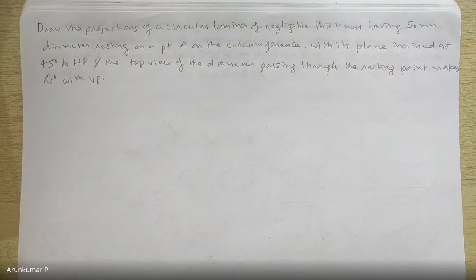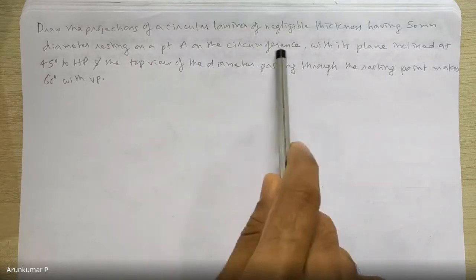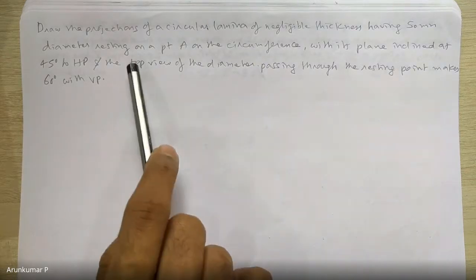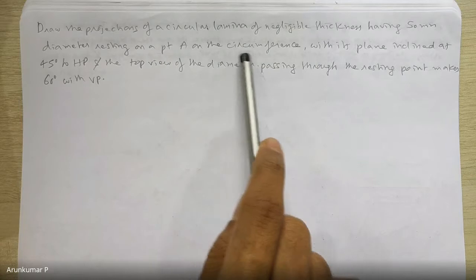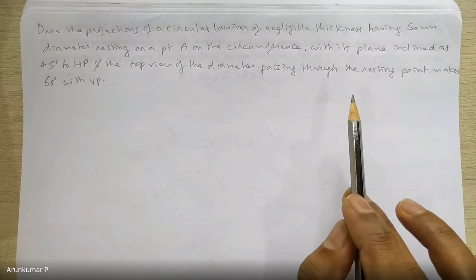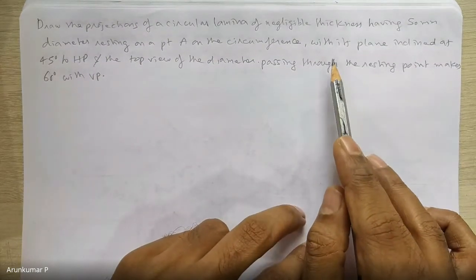Circle is perfectly a round entity. It doesn't have edges. So whenever you try to contact it with a plane surface, the point of contact will be a point. That is why it is mentioned that point A on the circumference, because the point of contact will be a small point. It won't be a line or a surface or anything.